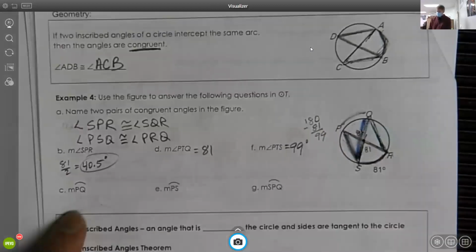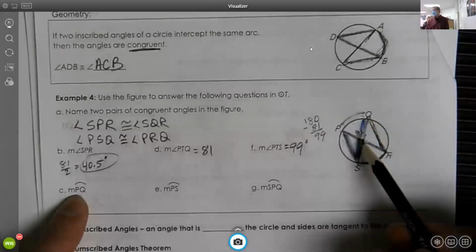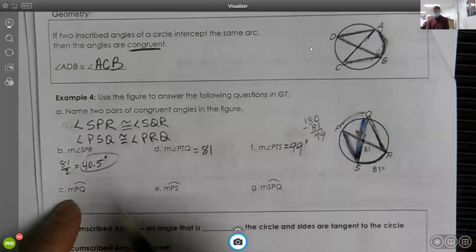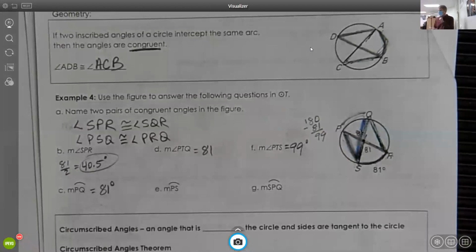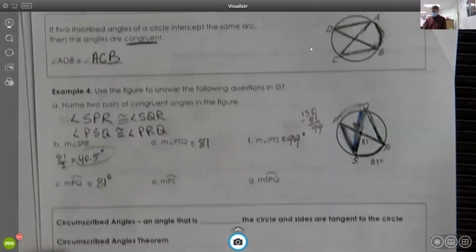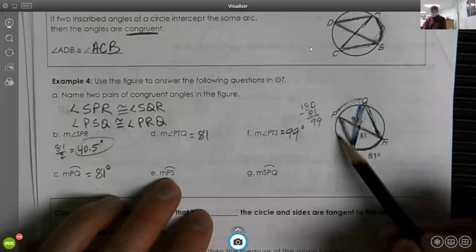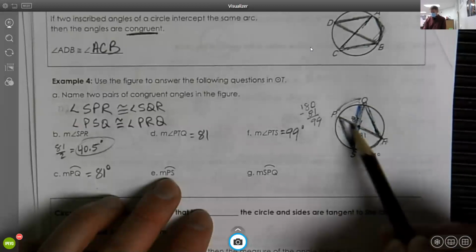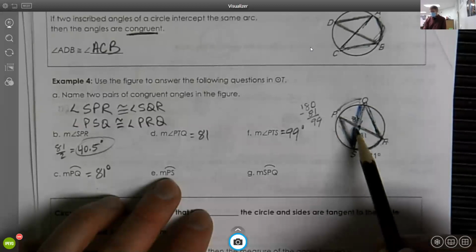The measurement of PQ. PQ is going to be the same as the central angle. So the measurement, we're going to talk about length in the future. Length is something different, but a measurement is a degree value. PS is whatever's left from the 180, or it's the same as our central angle right there.